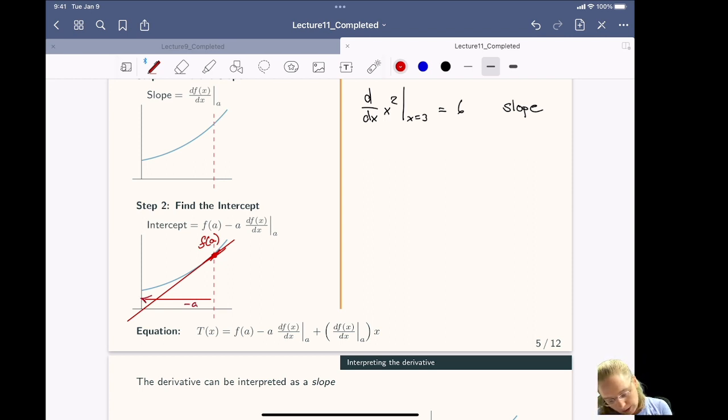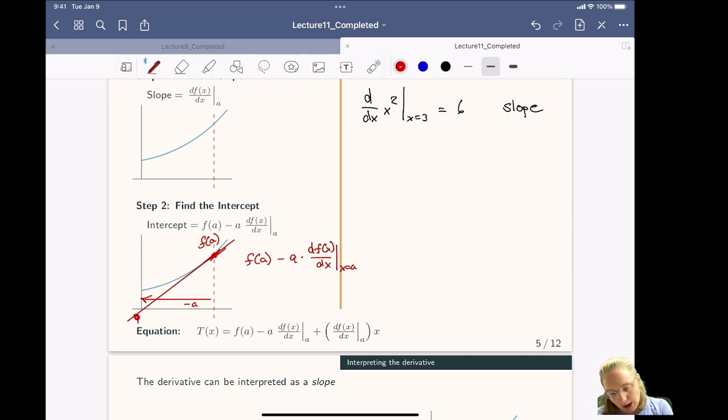So I take the value of my function and I travel backwards, hence a minus sign, a units at a slope of df of x dx evaluated at x equals a, and that will give me the intercept down here where my tangent line eventually comes and hits that y-axis.